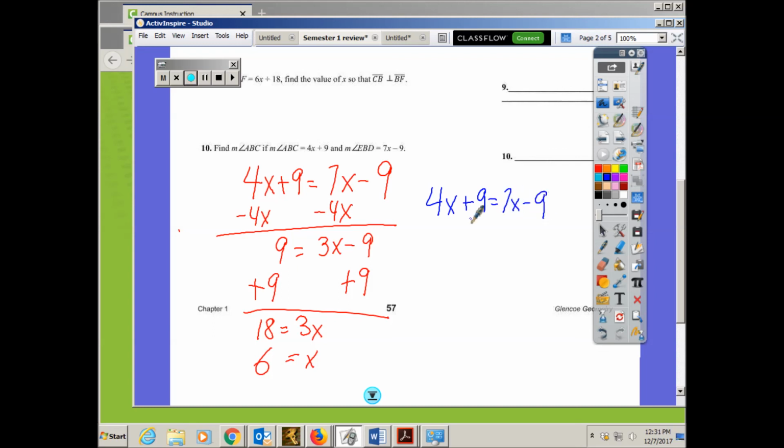Okay? What a lot of kids do, they'll see that plus 9 there, right? And if they don't use it, this is what not to do. They'll subtract 9 from both sides first. Usually, because they see plus, they'll subtract first. And they'll get 4x equals 7x.